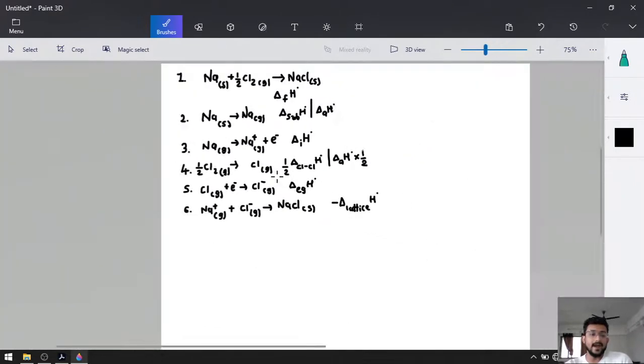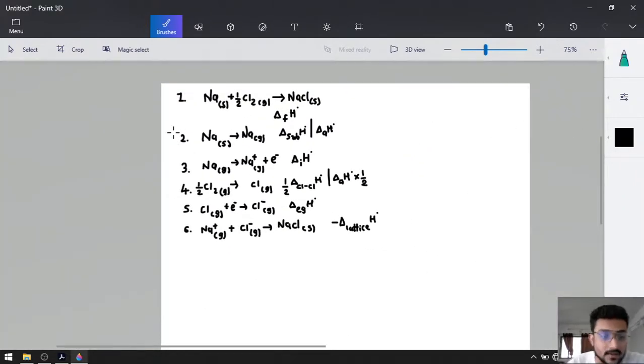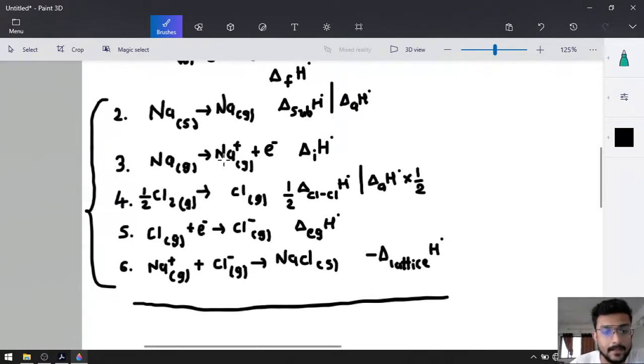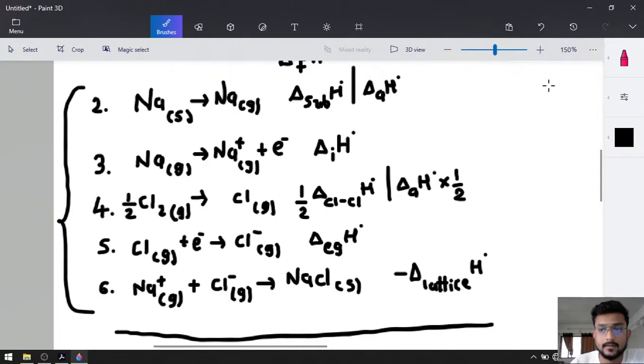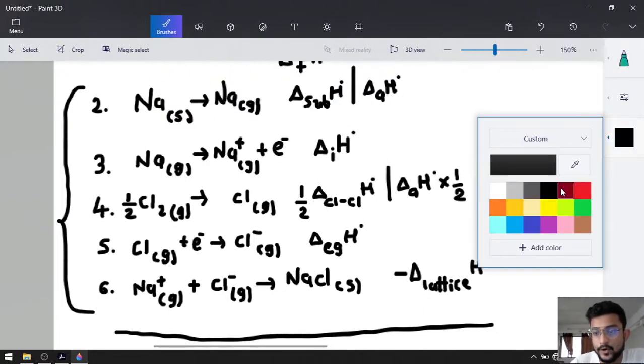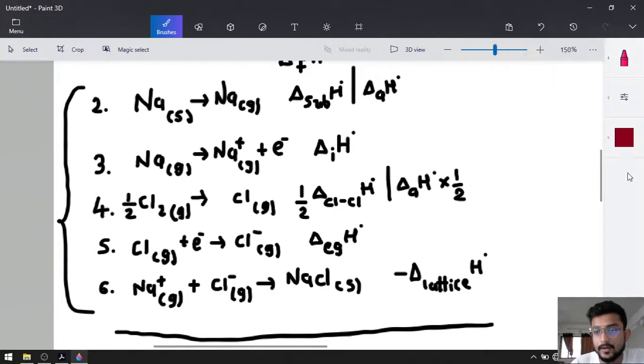Now if you add reaction number 2 to reaction number 6, if you add these 5 reactions, let's add it. Look at this. I am going to use a different color because I am going to cut down. So sodium gas will be cancelled out. After that chlorine gas will be cancelled out.